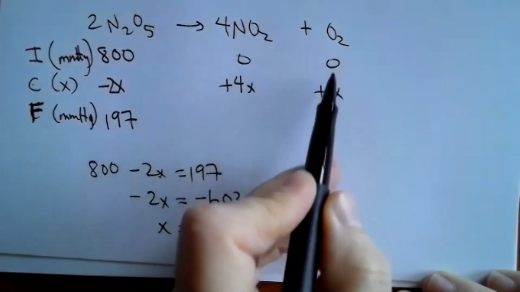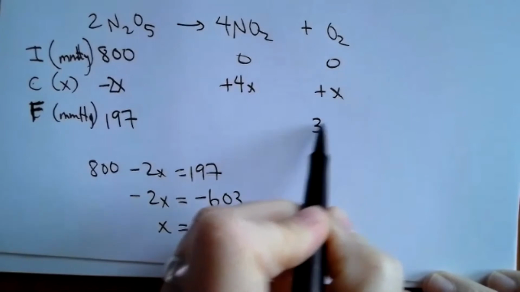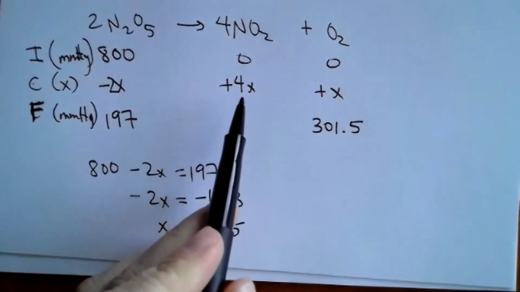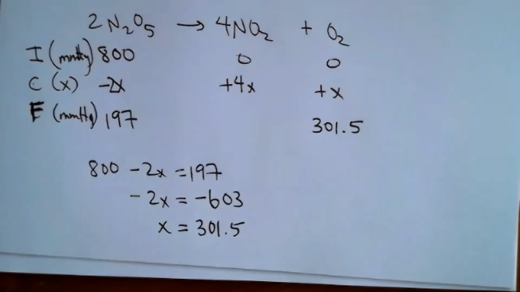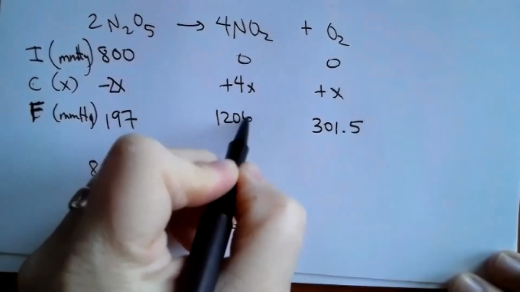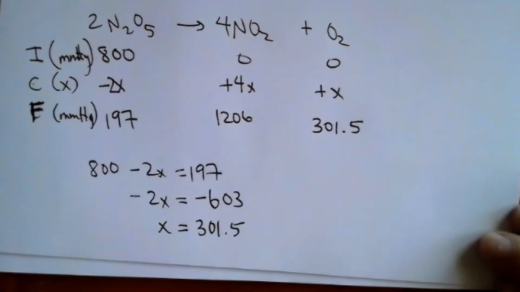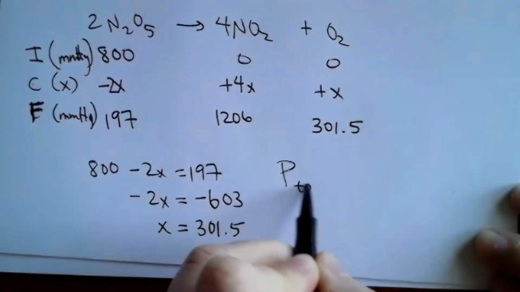So what's my pressure of O2? 301.5. And my pressure of NO2 is 4 times 301.5, which is 1206 millimeters of mercury. Ugh, we're almost at the end. This says, what is the pressure in the container? That means P total.